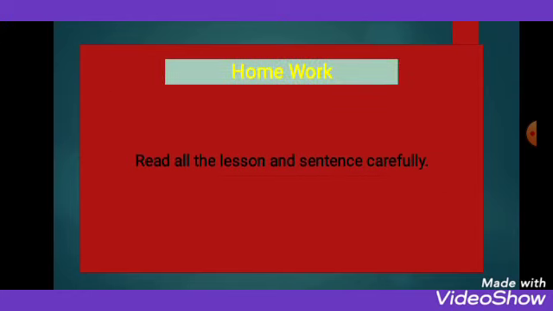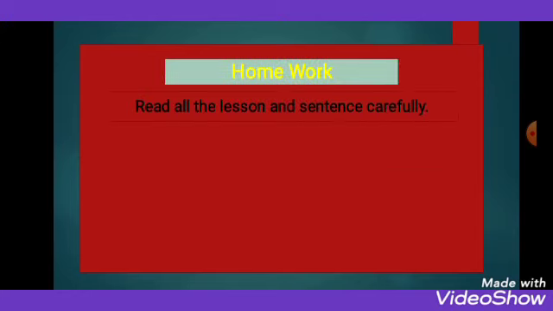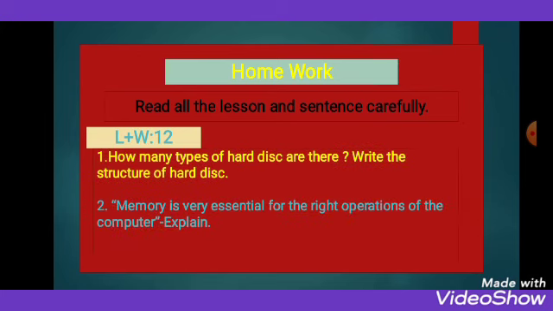Now, my dear students, it's time for homework. I'm always telling you to read all the lessons of your textbook and all the sentences carefully. After that, I want to give you written homework. That is, learn and write homework number 12. Question 1, how many types of hard disks are there? Write the structure of hard disks. And number 2, memory is very essential for the right operations of the computer.